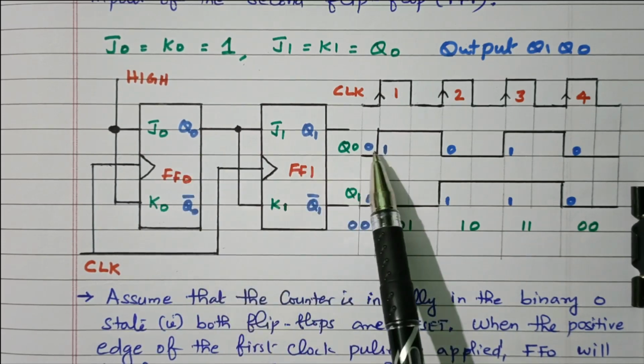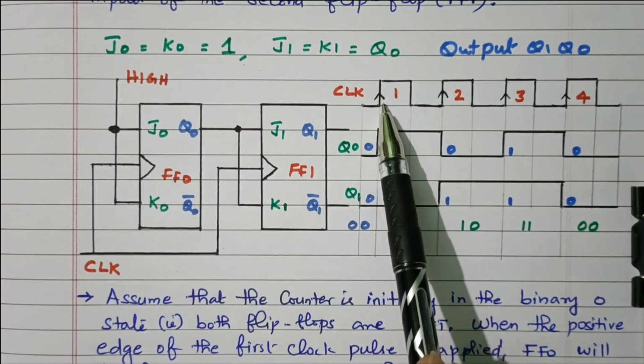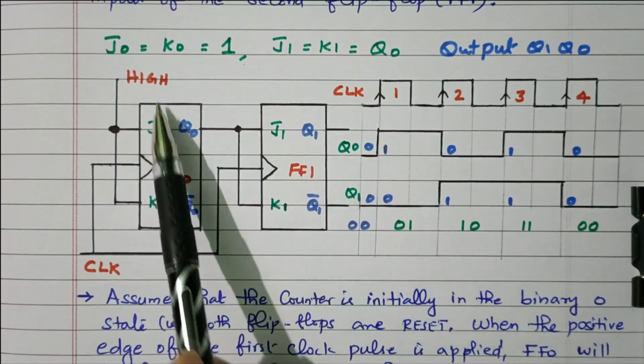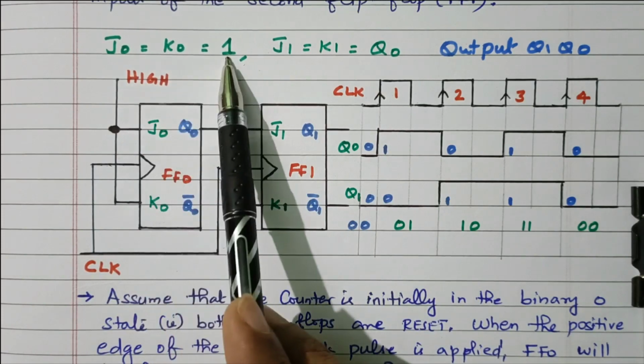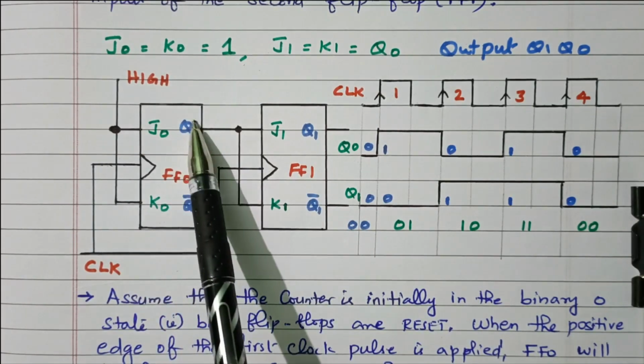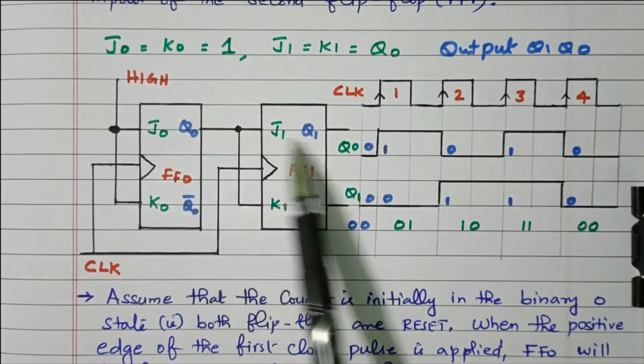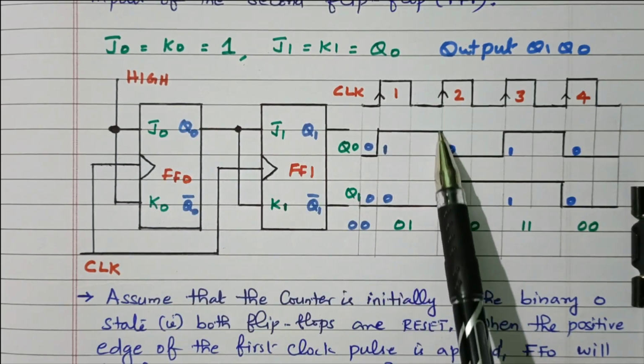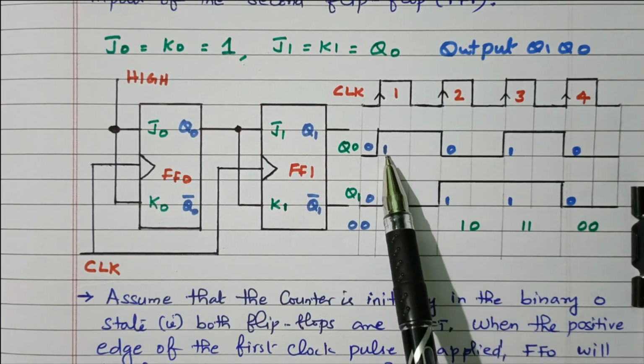Toggle means it changes from 0 to 1. During this positive edge of the clock pulse, because of the high input, J0 and K0 being 1, the Q0 value will toggle. Initially it is 0, now it toggles to 1, and until the next positive edge the output is 1.